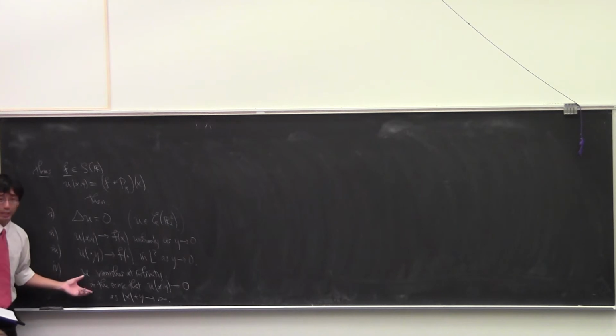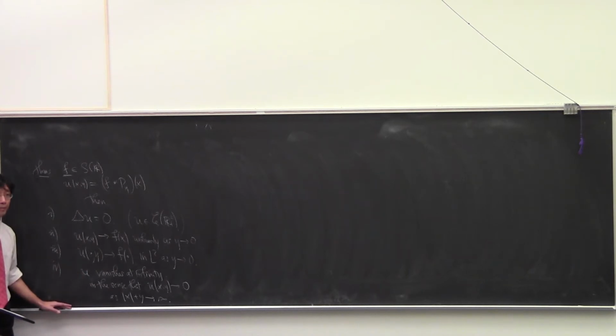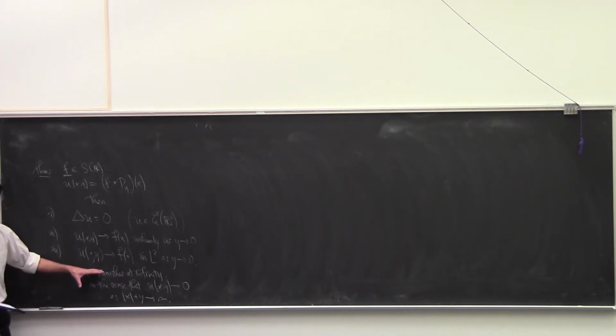And this will be the quality that we'll use to guarantee uniqueness of a solution. It's actually false otherwise. One of your homework problems, I think, is to show that if you don't have the vanishes at infinity condition, then in fact you have multiple solutions.